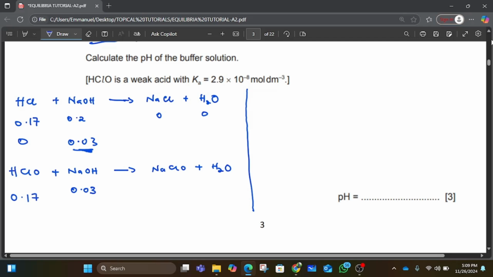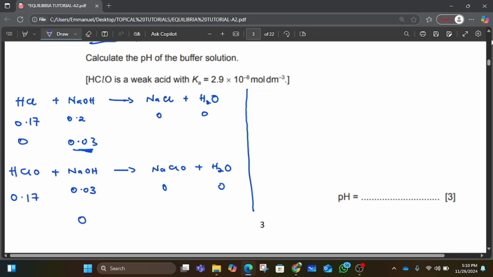But for a buffer, we need the concentration of the salt. How do we do that? By using the amount of the limiting reactant, in this case the sodium hydroxide, and the mole ratio to find the amount of the salt. Initially the salt will be 0, but at equilibrium the sodium hydroxide will be consumed and some of the HClO will be left.